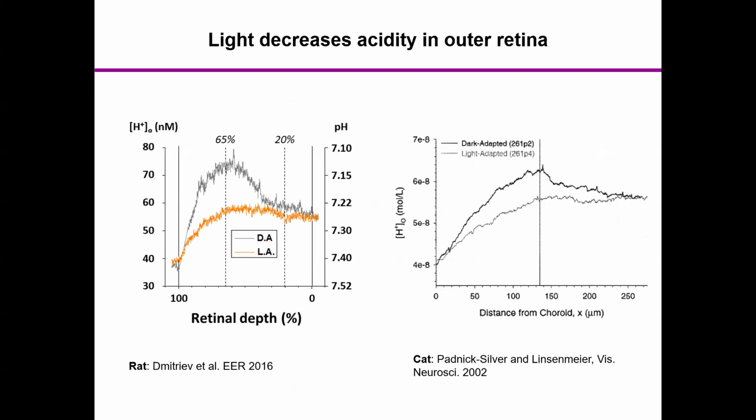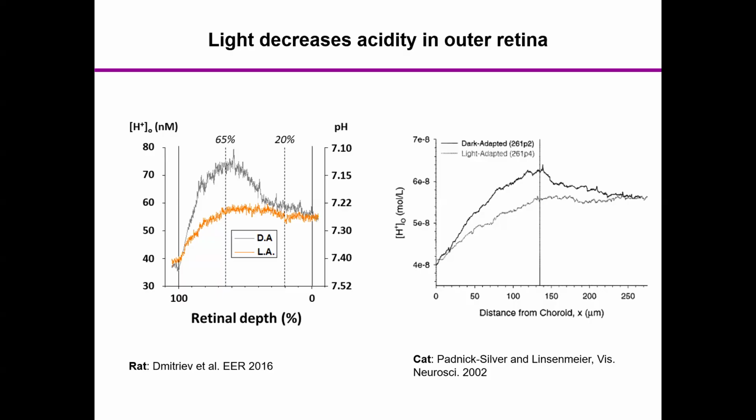So here's what light does to pH profiles. We're thinking of the peak as being production. So if it's glycolytic hydrogen ion production, you would expect glycolysis to be reduced in light-adapted retinas where the metabolism is lower.